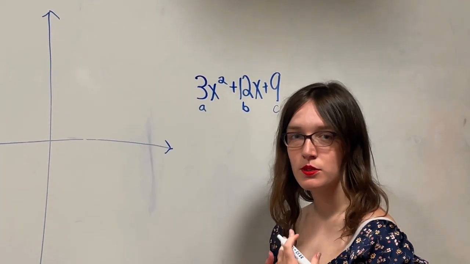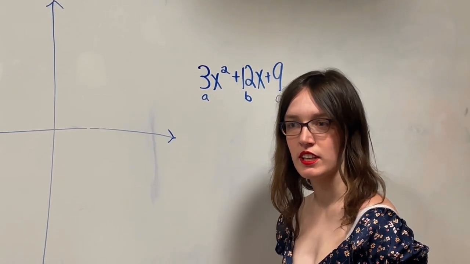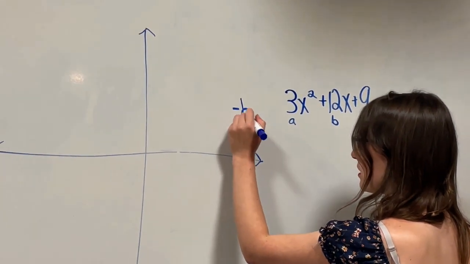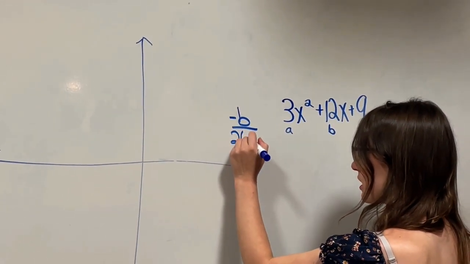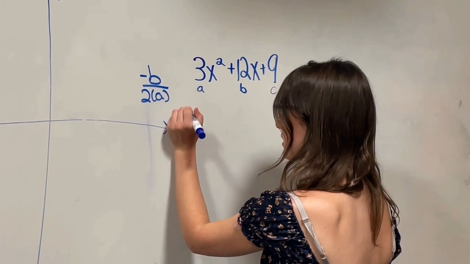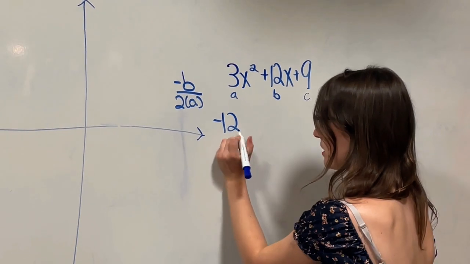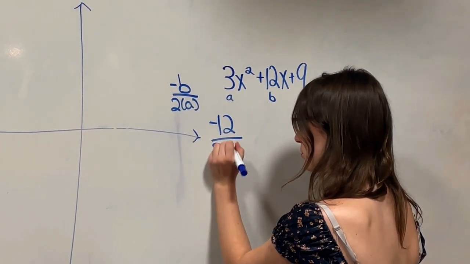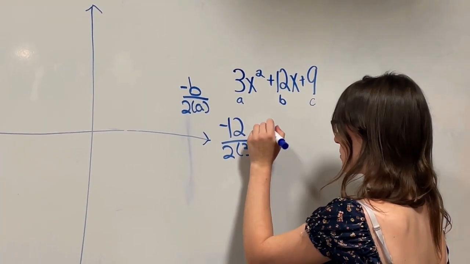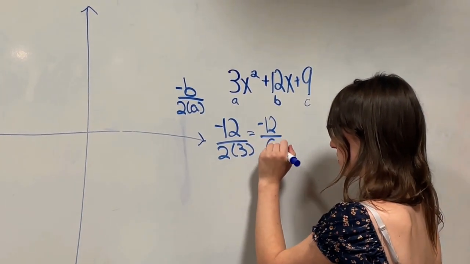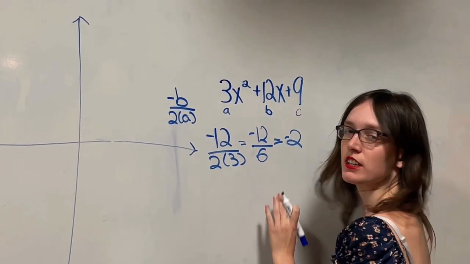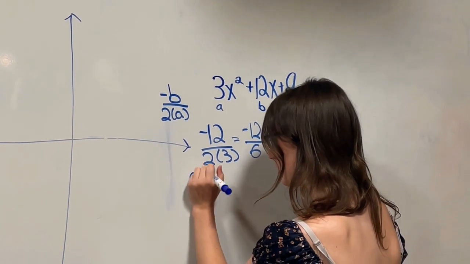So first we have to get our axis of symmetry, and to do that we will use the formula negative b over 2 times a. So for this equation we would say negative 12, because that's our b, over 2 times 3, because that's our a. So we have negative 12 over 6, because 2 times 3 is 6, and those two numbers divided are negative 2.